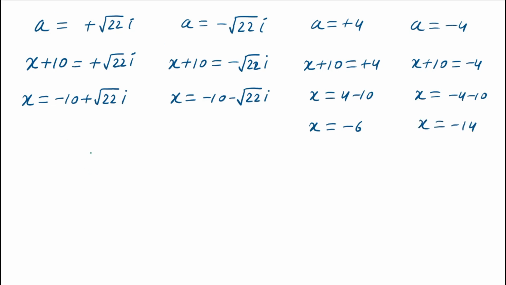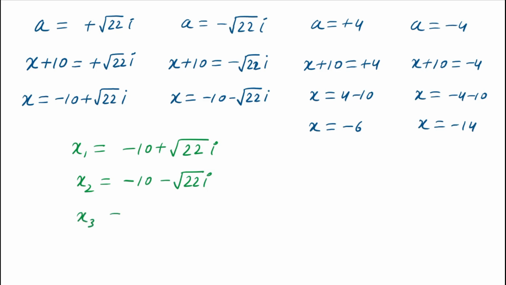Here we have four solutions. First solution, x1, is equal to minus 10 plus square root of 22 times iota. Second solution, x2, is equal to minus 10 minus square root of 22 times iota. Third solution, x3, is equal to minus 6. And fourth solution, x4, is equal to minus 14.